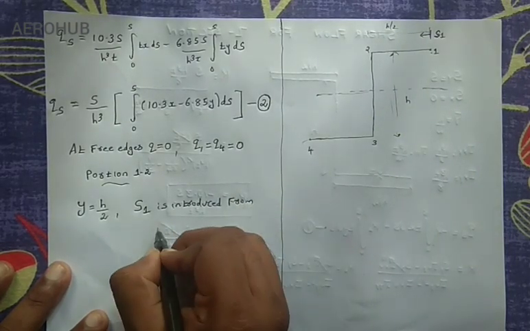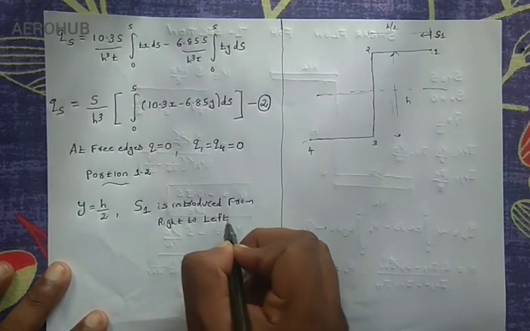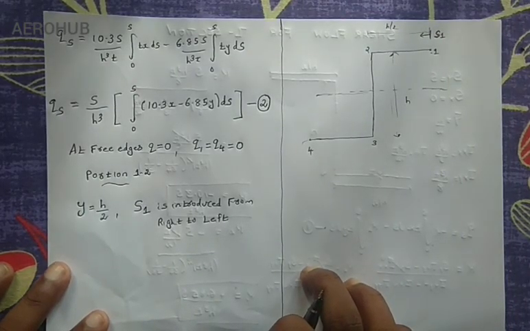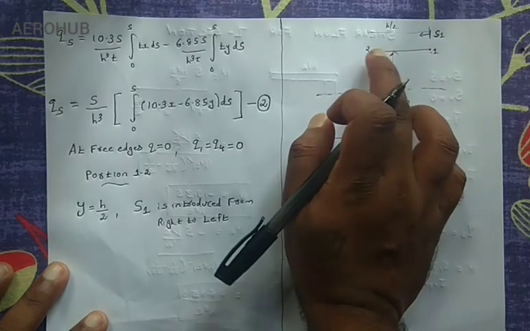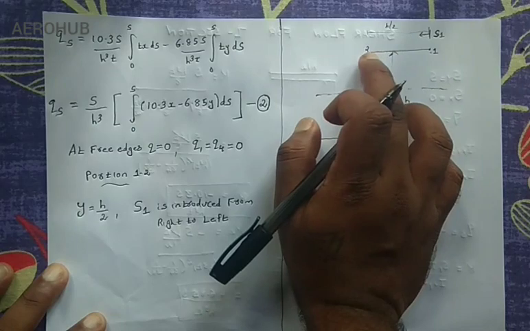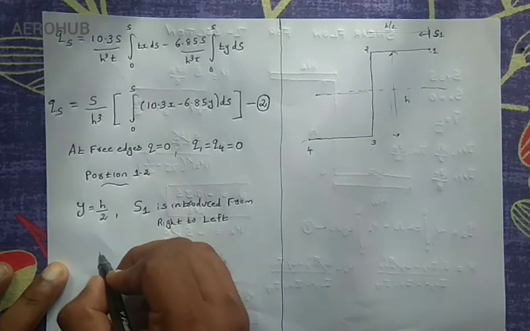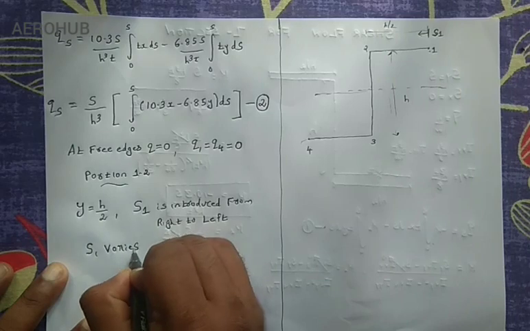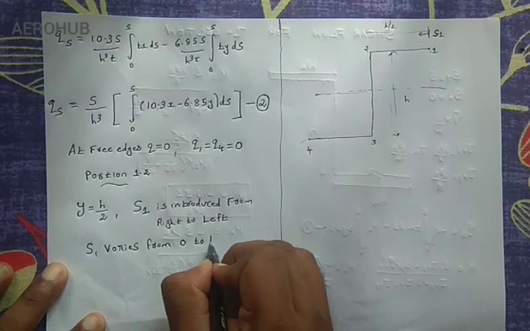And you have to also understand shear flow is proportional to distance. At 1, the shear flow value S1 is 0, and at 2, the value is h by 2. Therefore S1 varies from 0 to h by 2.